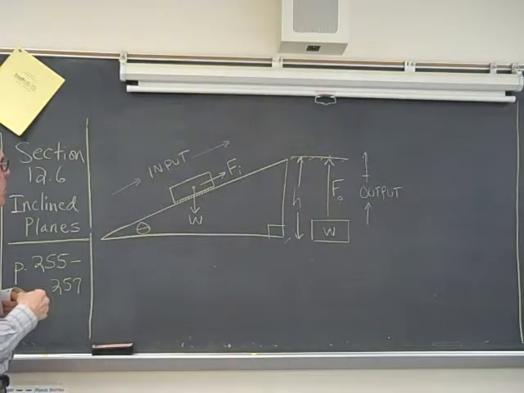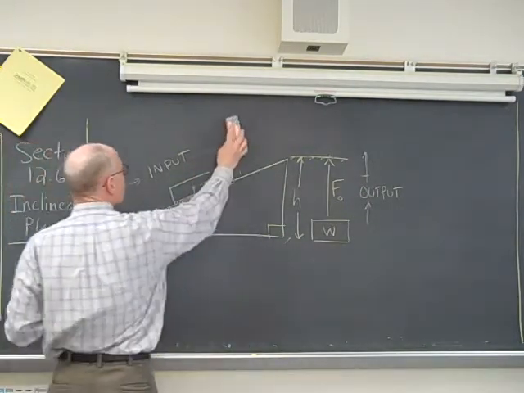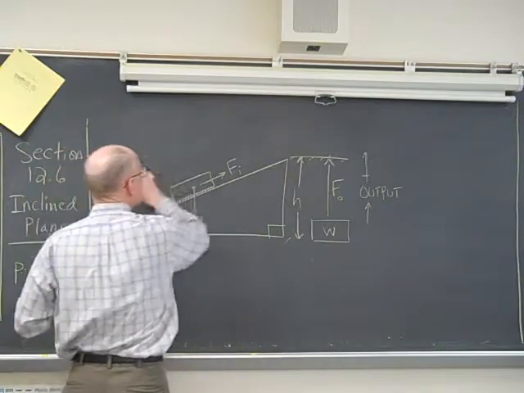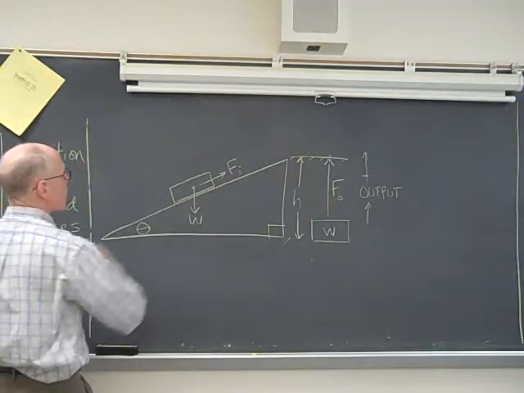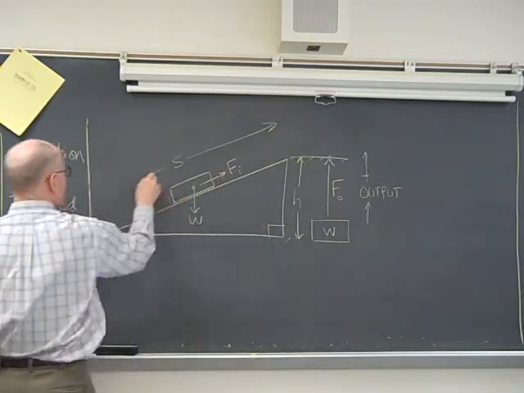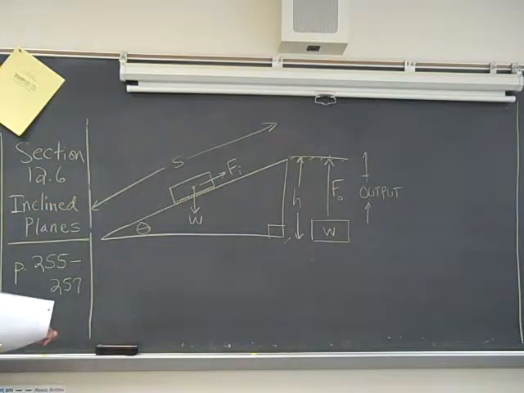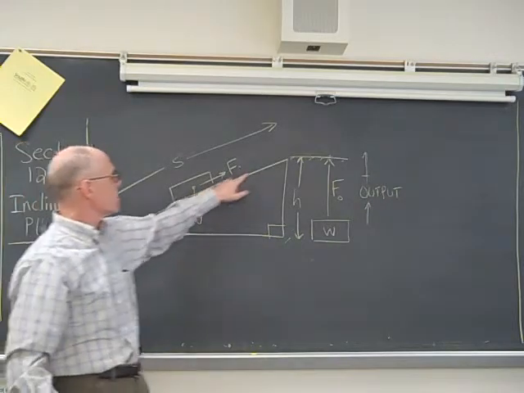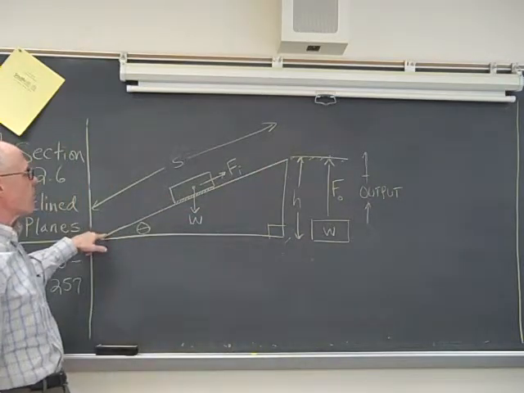Now there's one more dimension. On the input along the ramp, we have a dimension, and we'll use the lowercase s to be the length along the ramp itself.